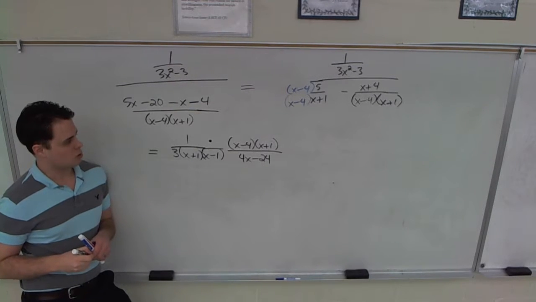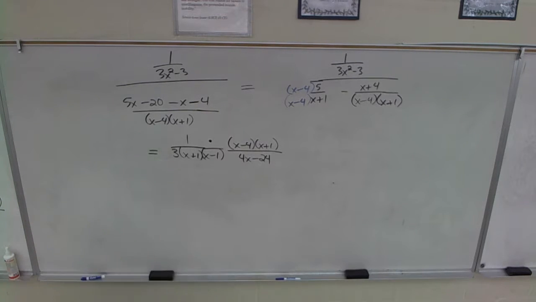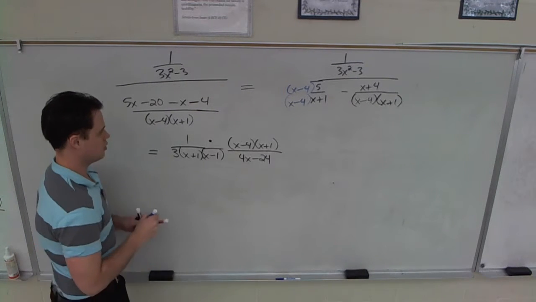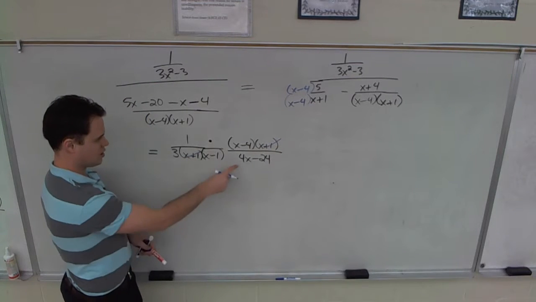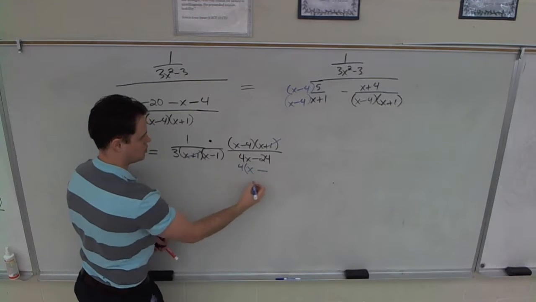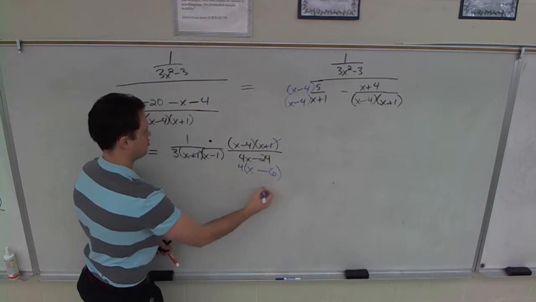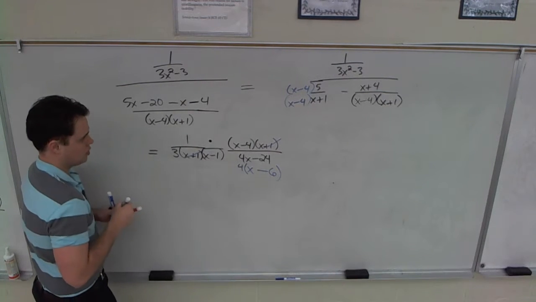Okay? So, can we cancel anything? Just a little bit, I think. We can go plus 1. And this guy actually factors more, doesn't it? Couldn't you go 4x minus 6? But that really doesn't cancel, so I think we're done. I think that's it.